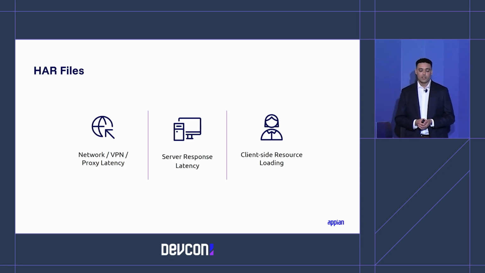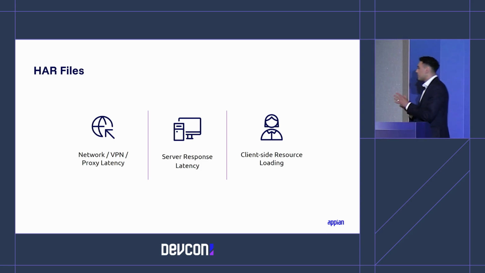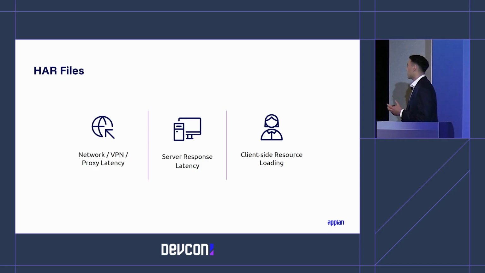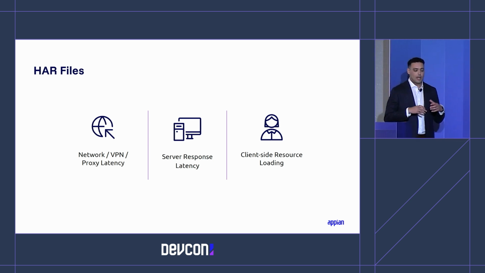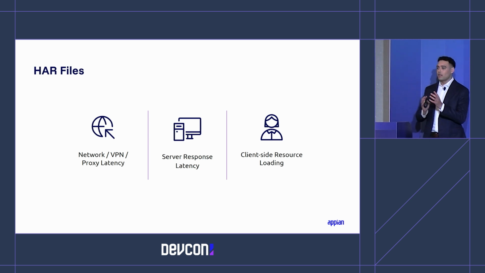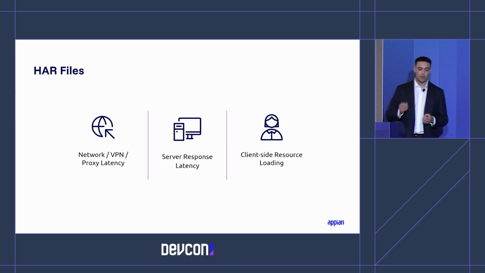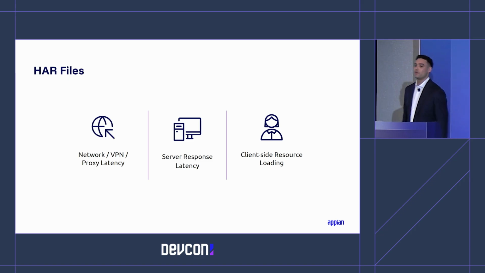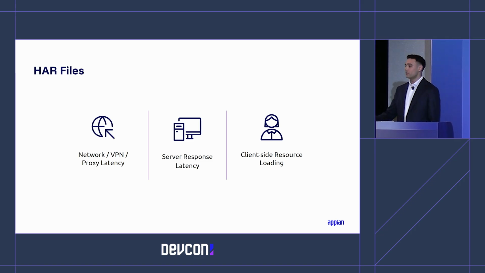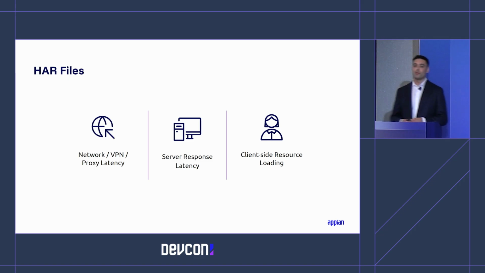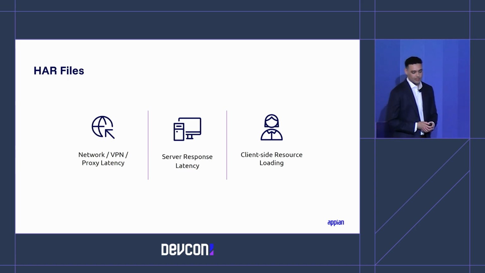So again, you're going to be able to separate and identify how much is being spent on network and VPN latency, how much is going towards the server response latency, and how much is on the client side. A HAR file really enables you to answer that question quickly. Are we waiting on Appian, or are we waiting on something outside of Appian? And if you are waiting on something outside of Appian, then that's where you'll have to engage your appropriate teams, your customers or your business's network teams, for example, to help with that side of things.